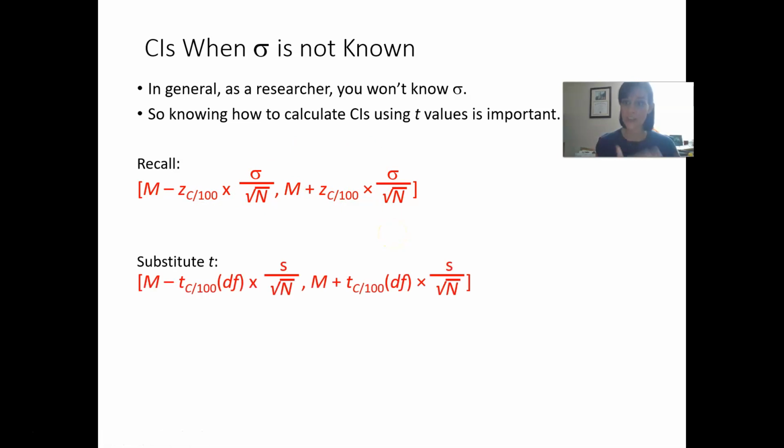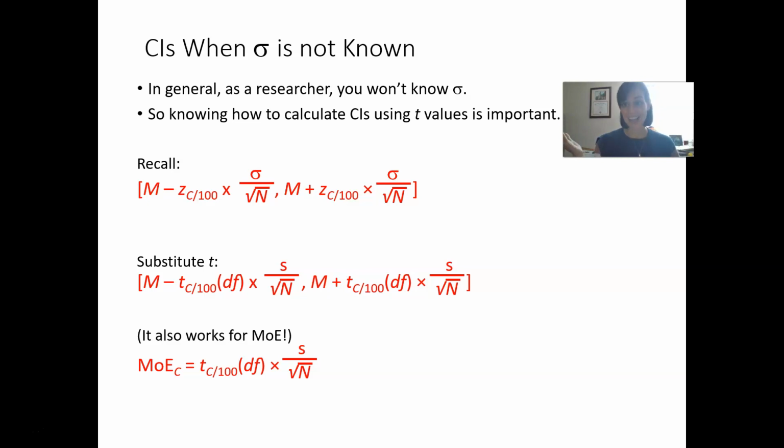So now all we're going to do is substitute t and standard deviation in place of z and sigma, but it's basically the same idea. We have a t statistic for a certain level of confidence and with a certain degree of freedom times our standard error, and then the same for the upper bound.